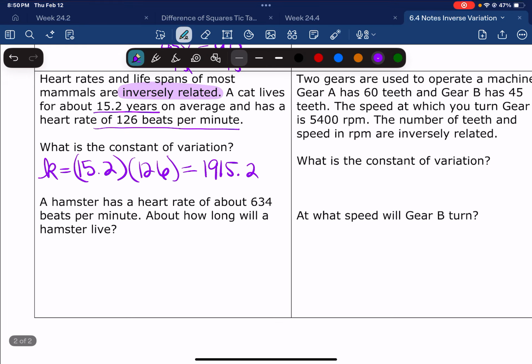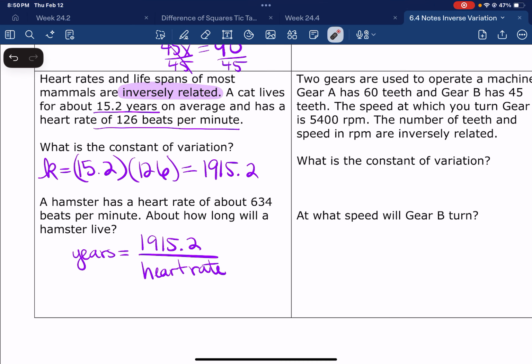So let's go ahead and write an equation. Let's say our years of life will equal 1915.2 divided by our heart rate. And I like to use words instead of variables here just to remind me what it is I'm using. If you want to use Y and H, that's fine too if you don't want to write out the words.